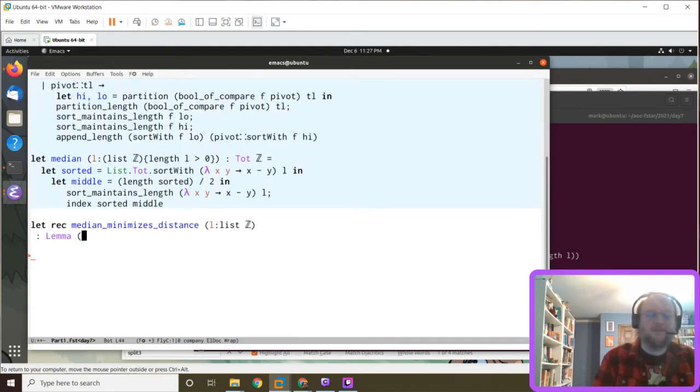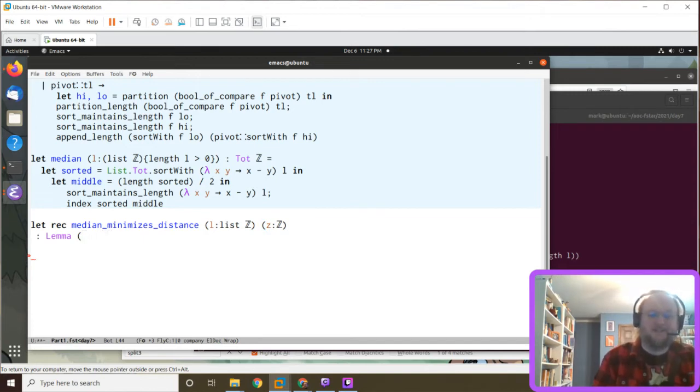Right, and the lemma is for all... this is actually easier if we put this as another parameter rather than as a for all.